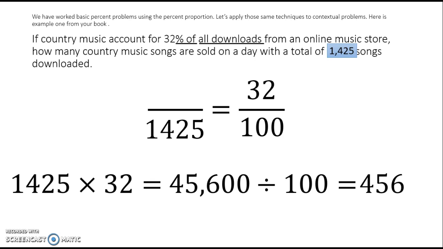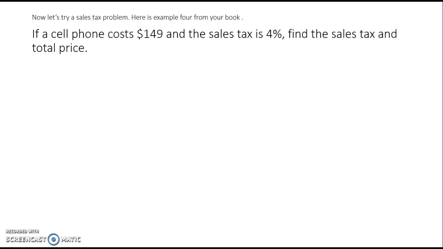2 other applications of percents are sales tax and discounts. Let's now look at a sales tax problem. Here is example 4 from your textbook. If a cell phone costs $149 and the sales tax is 4%, find the sales tax and the total price. We still use the percent proportion, but we have a few changes to it.